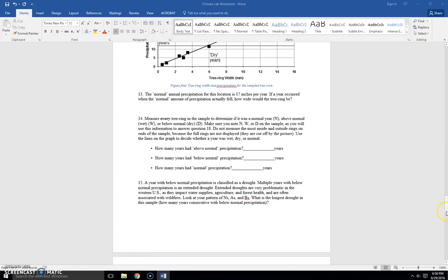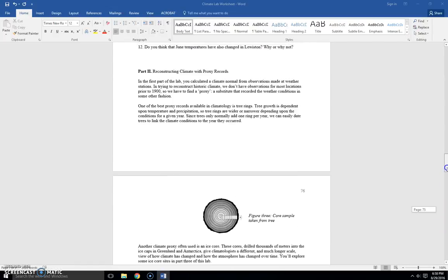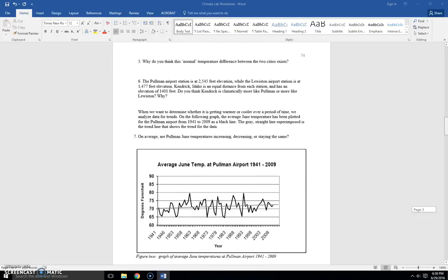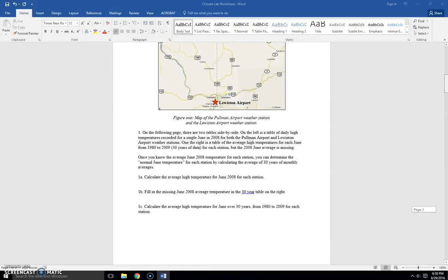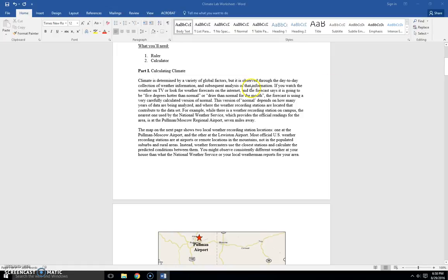So let's go back up to part one again. Part one, climate is determined by a variety of global factors, but it is observed through the day-to-day collection of weather information and subsequent analysis of that information.